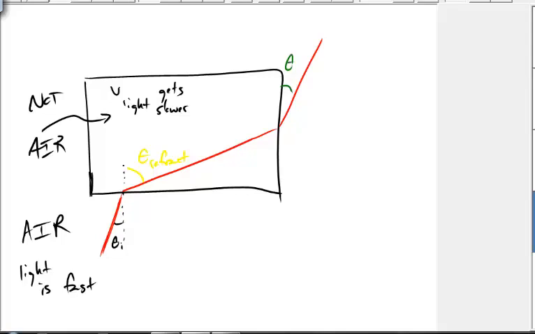All right, so this is a different refracted angle because it bent again. So then v light returns to its original speed. That's refraction.